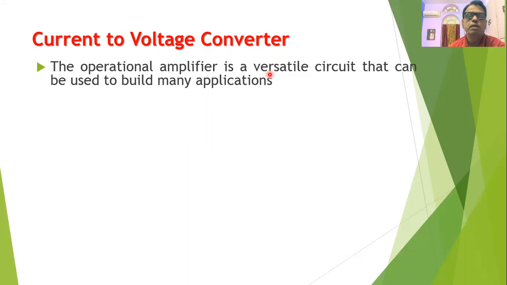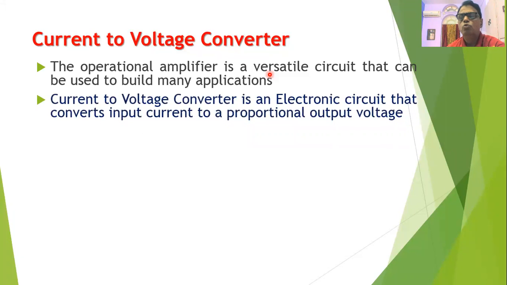It is also possible to build a circuit called current to voltage converter. Current to voltage converter is an electronic circuit in which the input current is converted into a proportional output voltage. That is, the output voltage of this circuit is proportional to the input current.